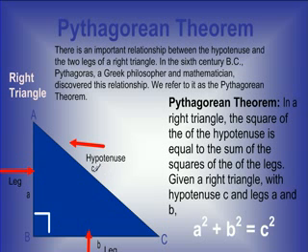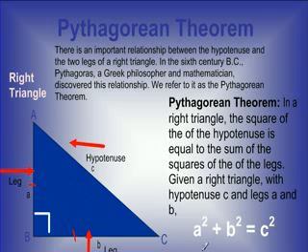So there is a relationship between this diagonal line and the two legs. And he said that if you add the square of side A and the square of side B, it's going to equal the square of side C. And so that's what we need to use to figure out the length of the hypotenuse.